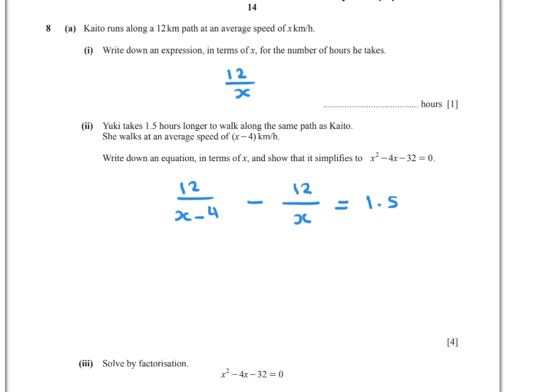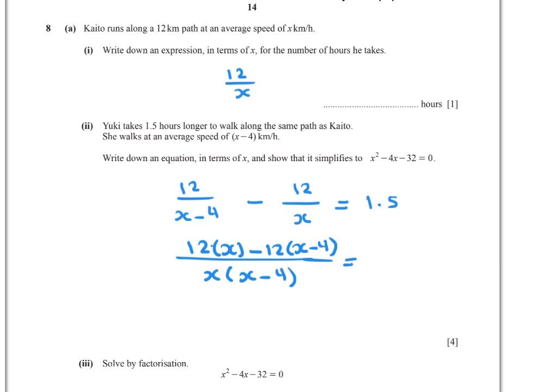We can make a single fraction. Multiply the denominators, x times x minus 4, then cross multiply to find the numerator. So 12 into x minus 12 into x minus 4.